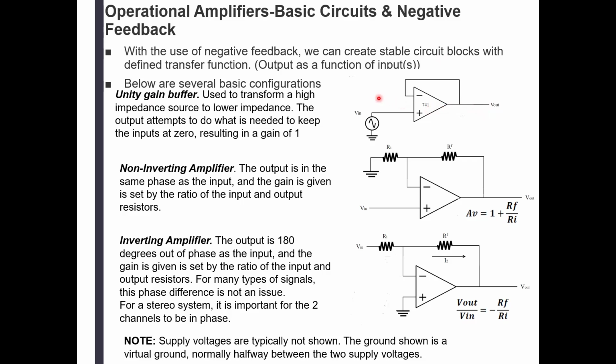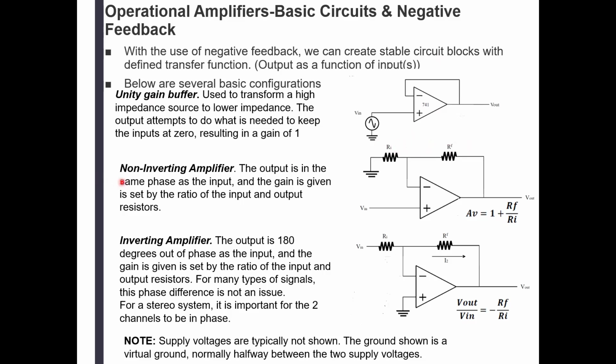But remember, one of the characteristics of the operational amplifier, the input impedance is pretty much infinite in the ideal amp. So we're going to assume that that is infinite. So there is no electrical connection between here and where the signal is. So that makes it a pretty good buffer.